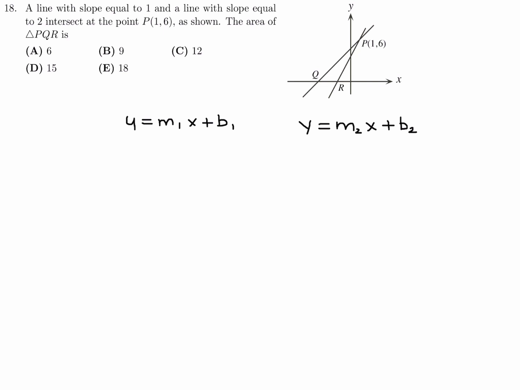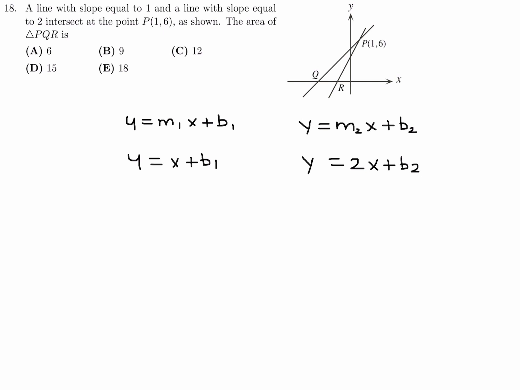Well, we can substitute in the slopes that they give you. The first slope is 1, so this just becomes x plus b1. The second slope they tell you is 2, so this just becomes 2x plus b2. Now the point 1,6 is on both lines, so I can substitute that into both equations to solve for b.